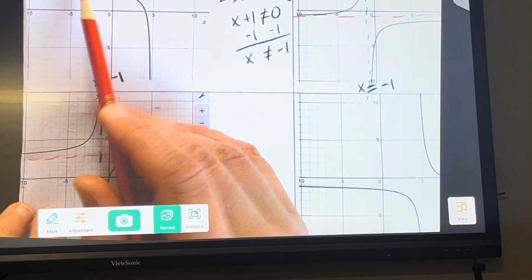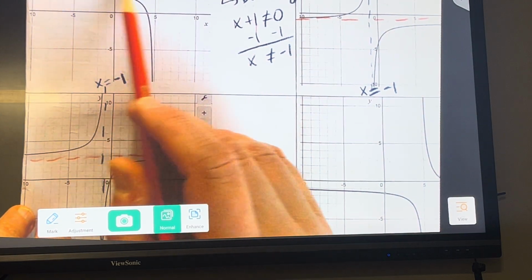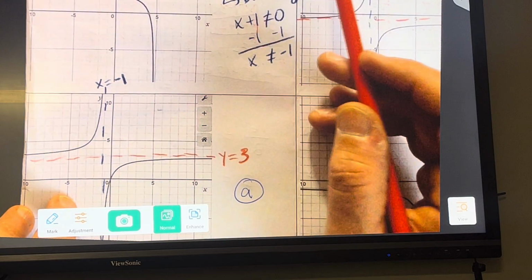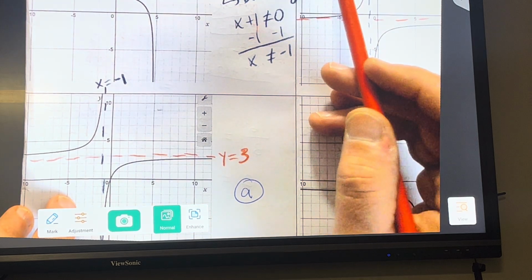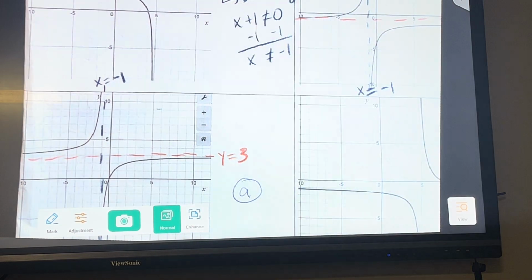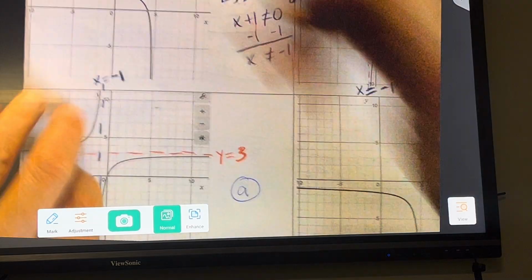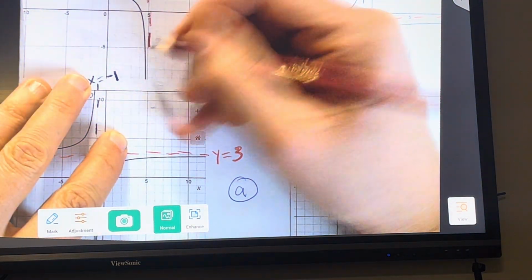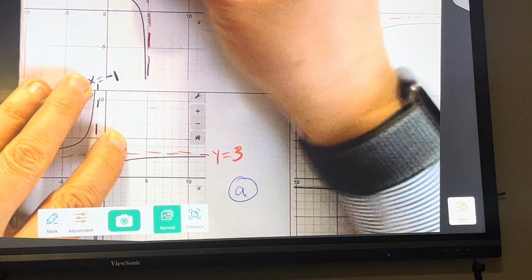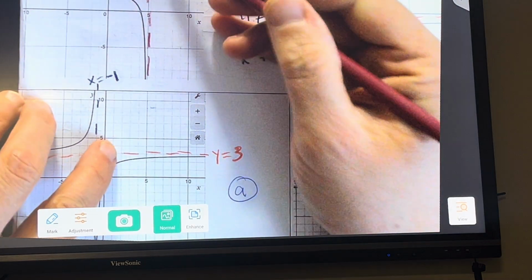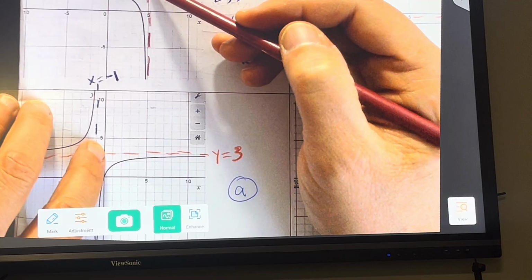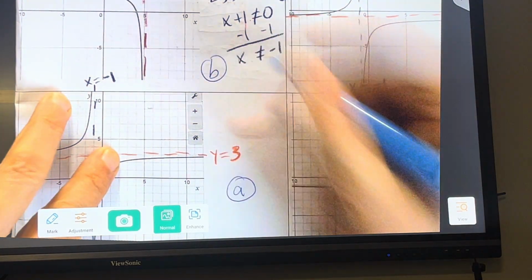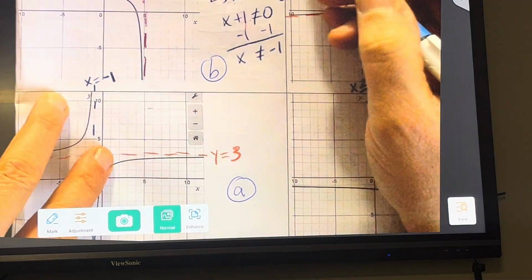So this is the other graph that has y equal 3 as the asymptote. And we wanted x not equal to 5. And we can see that here, that at x equal 5, that x value is never touched. So that means that this is the graph for answer choice B.